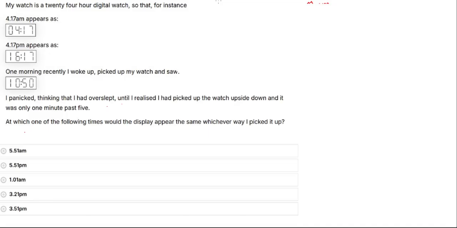So another thing about the 24-hour digital clock, the main key point we should know is that digits from 0 to 8 all stay the same.